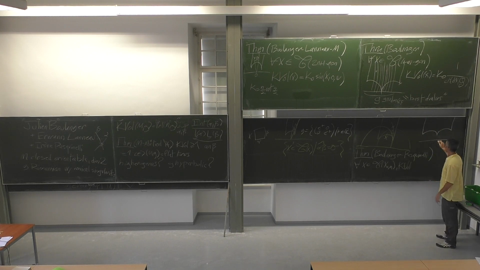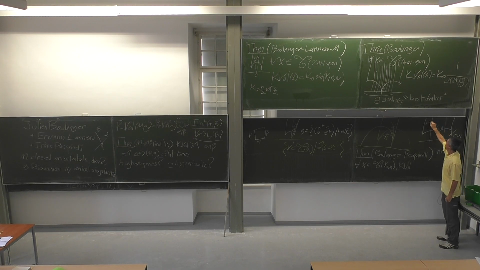The surfaces X_{n,m} and X_{m,n}, yes, I'm assuming that n and m are mutually prime, lie in the same Teichmüller disk. So I put one here and one here. And there are exactly two good dealers, which are those guys. And so the result is the same.